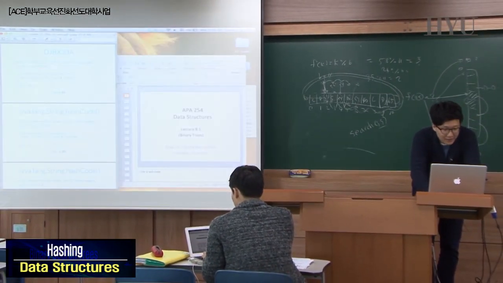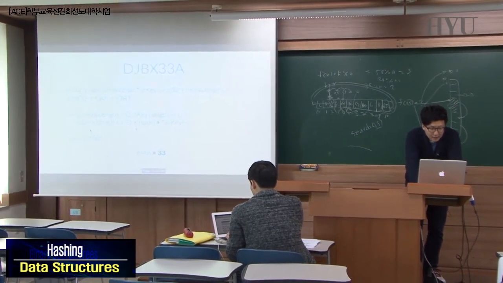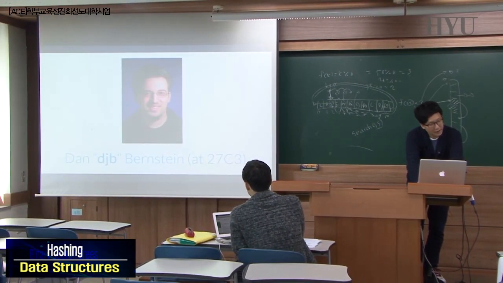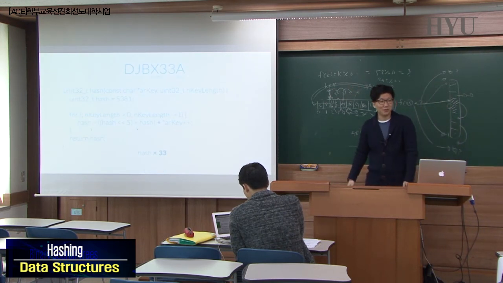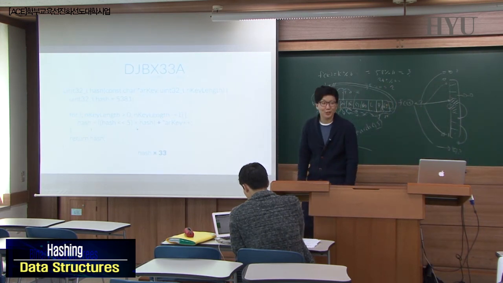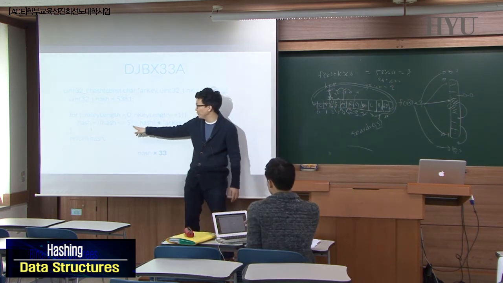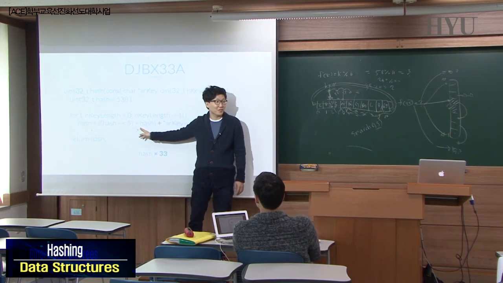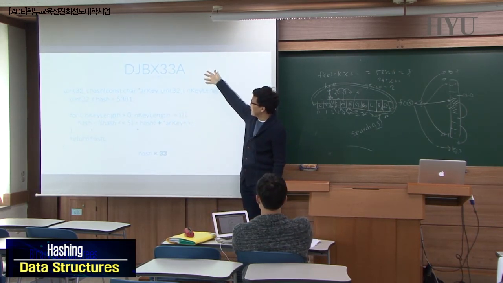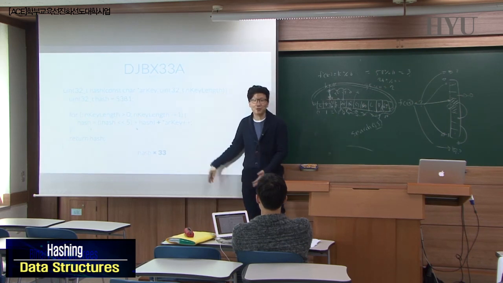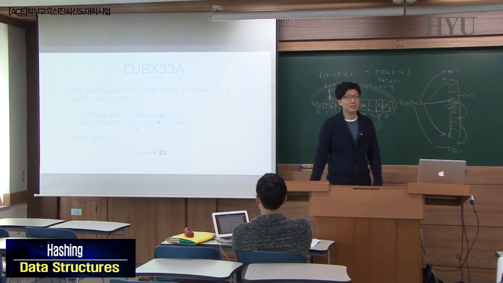Oh, this is one of the hash functions that people use. I guess this is a very famous guy who came up with this hash function. I don't know what they do, but it seems to be somewhat similar to the examples that we saw, right? This hash function is used everywhere, mostly open source, Apache web servers and stuff.